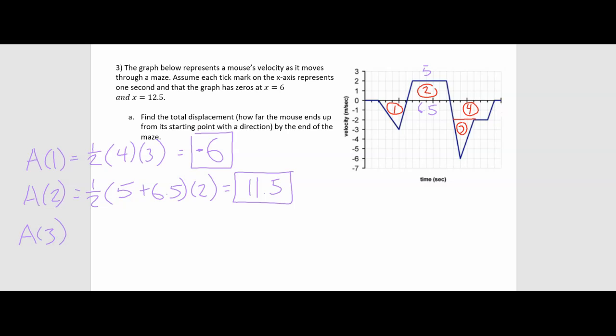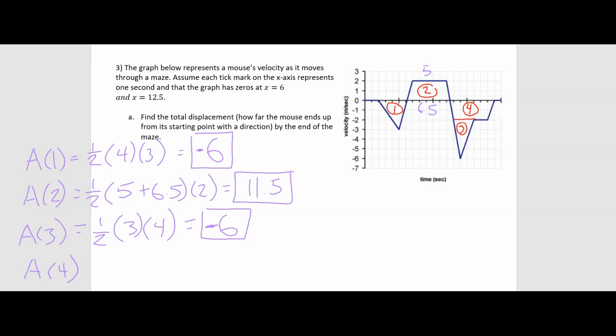The area of 3 is that triangle right there. We have 1/2 times the base, which is 3, times the height, which is 4. And again, this area is beneath the x-axis. So we're going to put a negative sign there to let us know that the mouse was moving in the negative direction over that time.